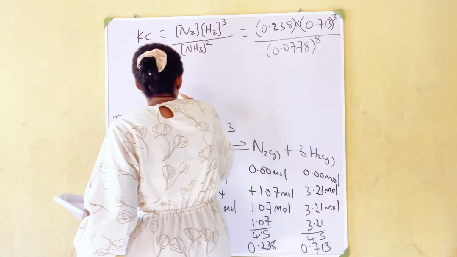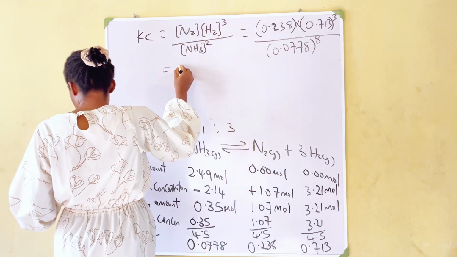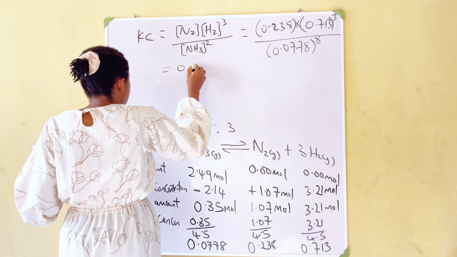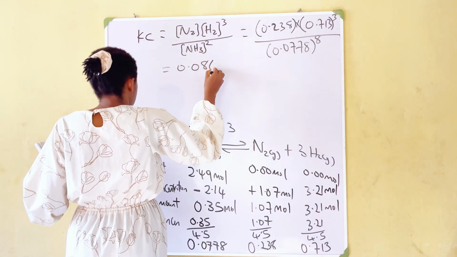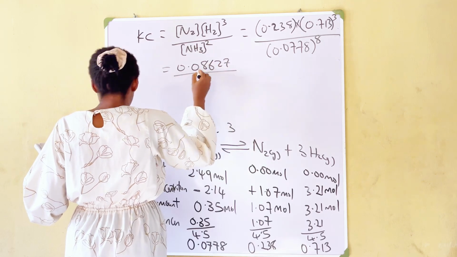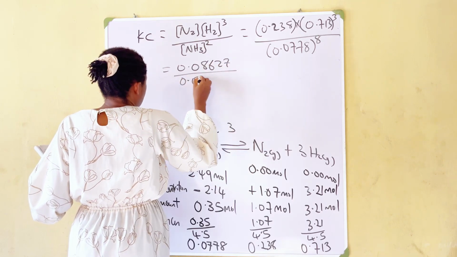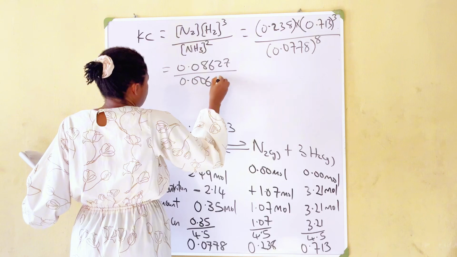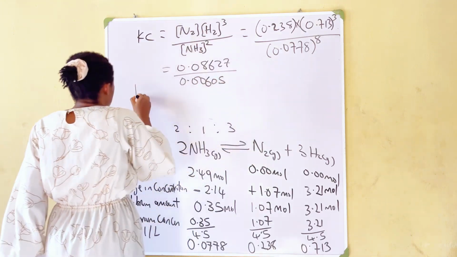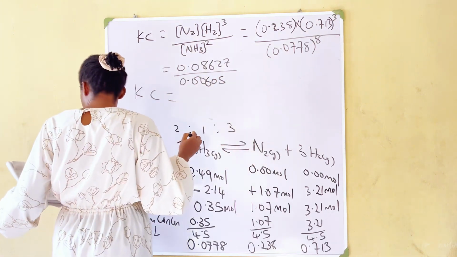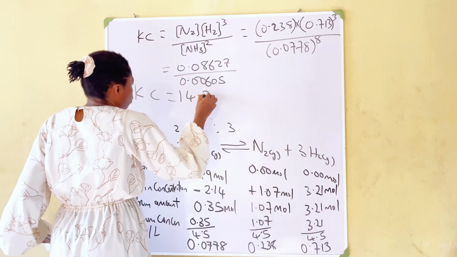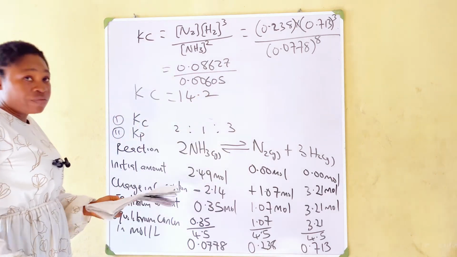Okay, so Kc is equal to 0.08627 divided by 0.00605. By the time we do that, the value of Kc is going to be 14.2.